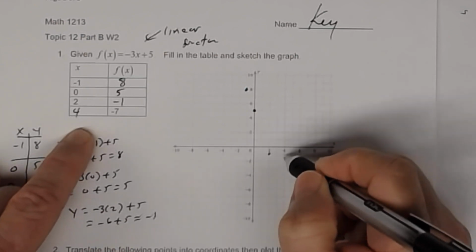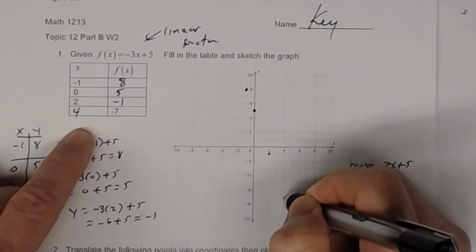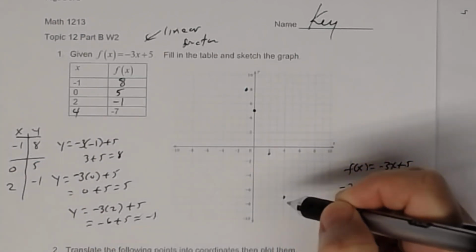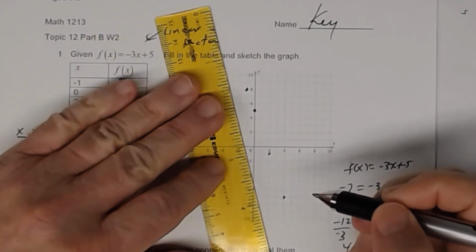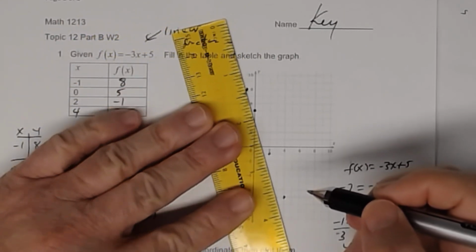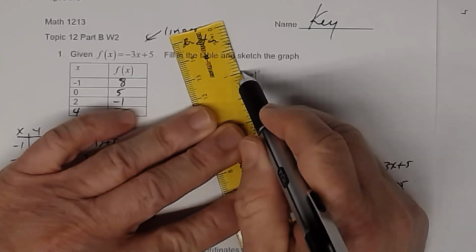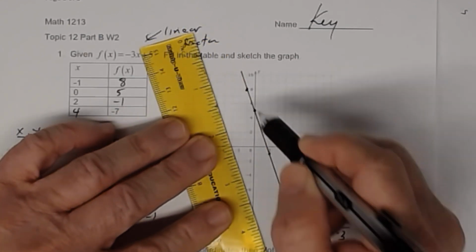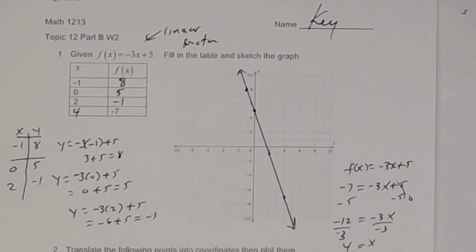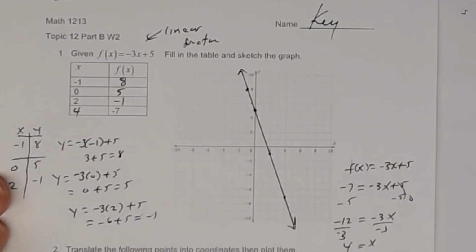And then 4, -7 is here. Basically all you do is draw your line, and don't forget to draw your arrows. You get something that looks like this. So that's number 1. That's all you had to do.